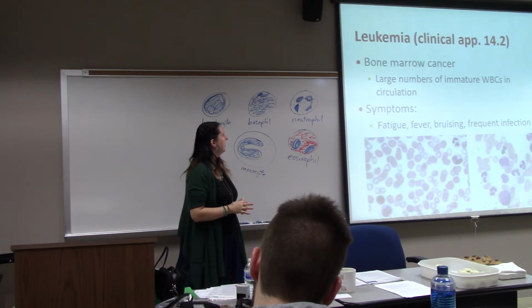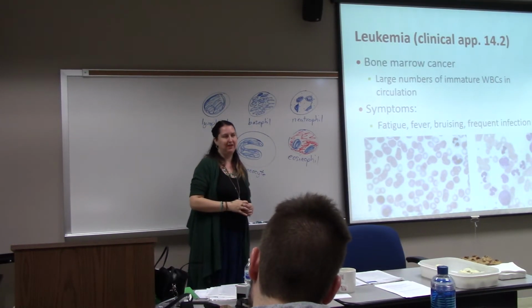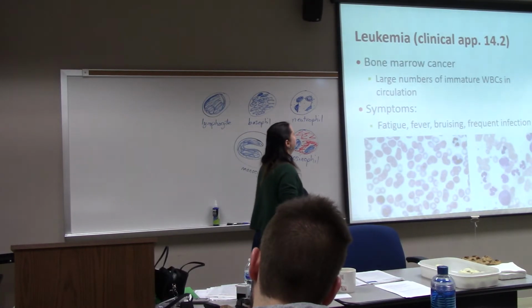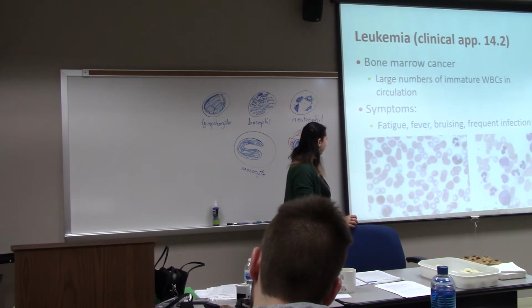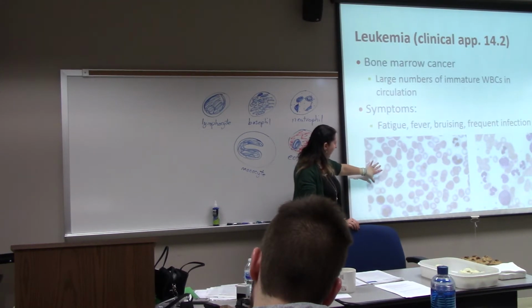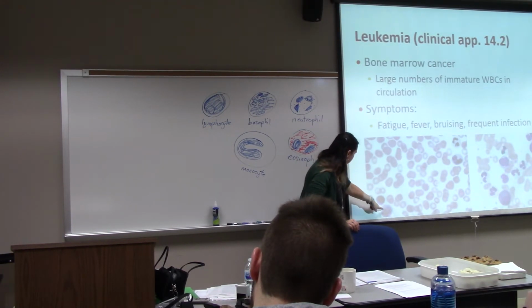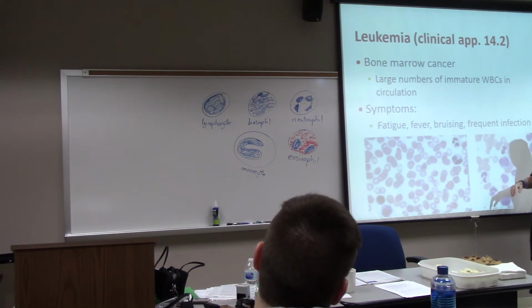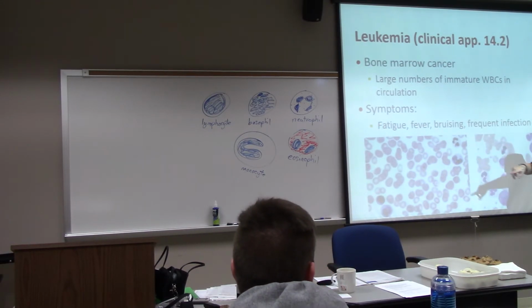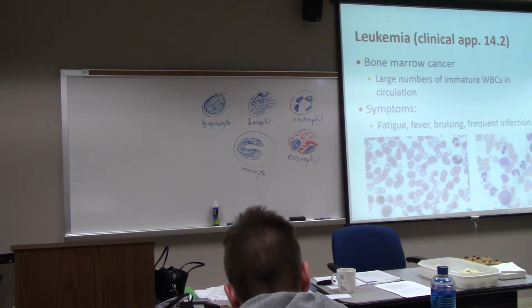Leukemia is cancer of the bone marrow that results in large numbers of immature white blood cells in circulation. So this compares healthy blood, where, let's see, I see 4 white blood cells in this sample. Looks like a monocyte, 2 neutrophils, and a lymphocyte.